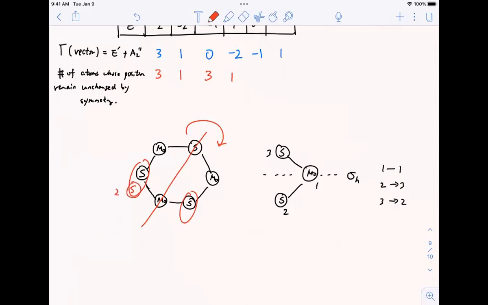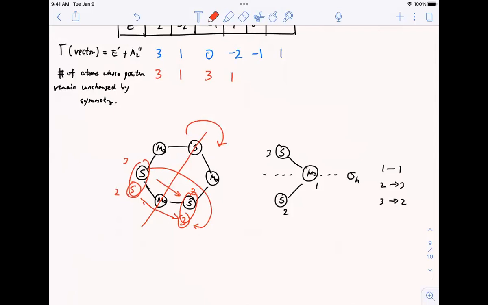Let's say this is a 2 and 3. After this 3 rotates, you go to here. The 2 rotates, you go to here. You know what I mean? It's a rotation, not reflection. If it is a reflection, then this one will go to here, and this one will go to here. This is reflection.